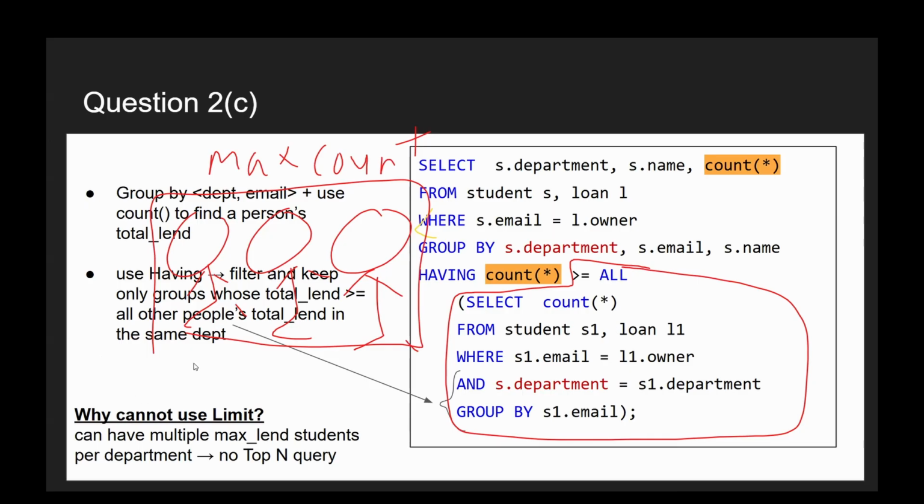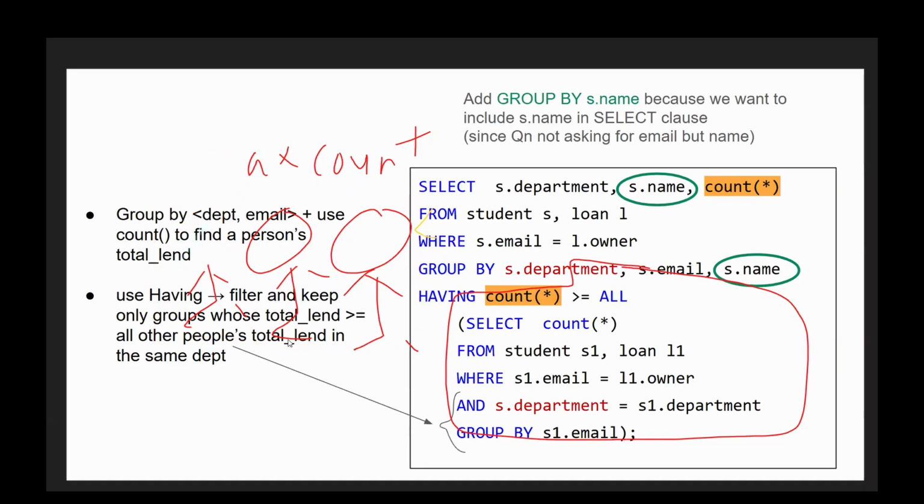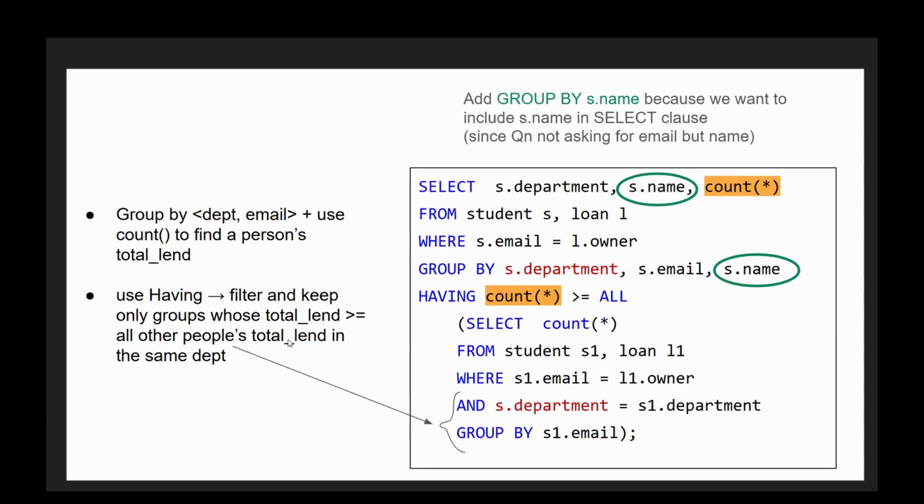More than all. Another thing is s.name, as I mentioned. Student email, s.email, is actually the primary key, so it already determines everything. Even without s.name, the result would be totally identical.